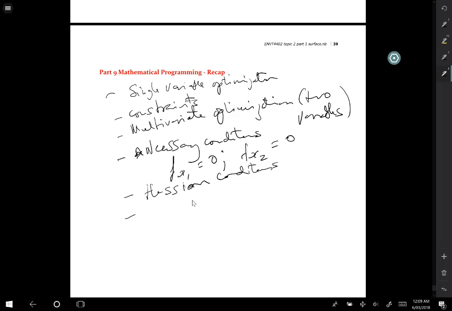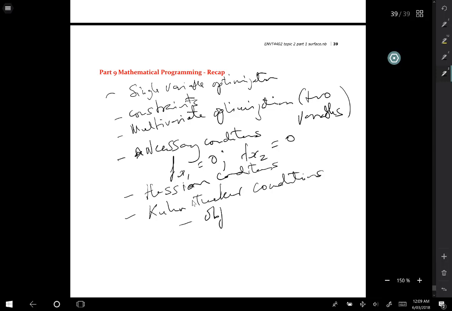We then went through some horror stories, really difficult functions, and then we come back to looking at the very important Kuhn-Tucker conditions, and we sort of conclude from that that really you should choose your functions well.